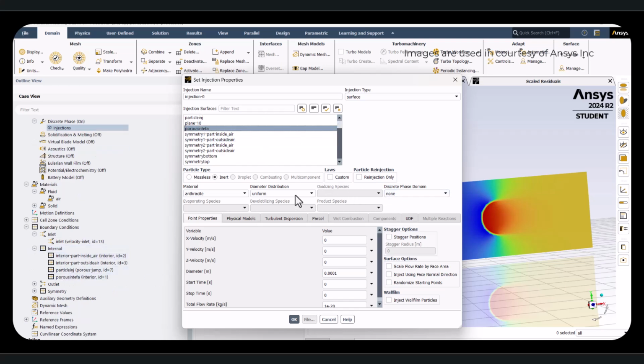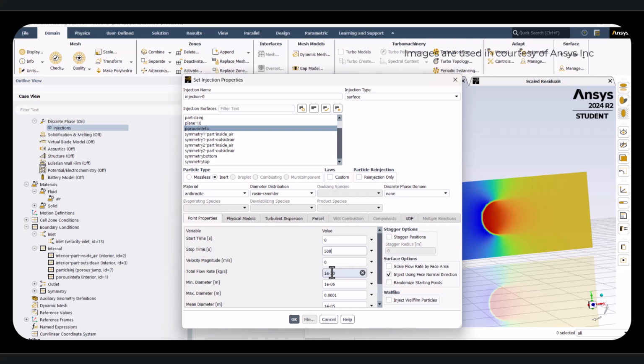Now here the point is, we cannot take a single particle size, so we need to consider a different set of particle diameters. So now I'll say inject using phase normal direction. The velocity is automatically taken from the velocity that we get from the fluid, so we need not bother there. And the time step maybe I'll select as 500 seconds right now.